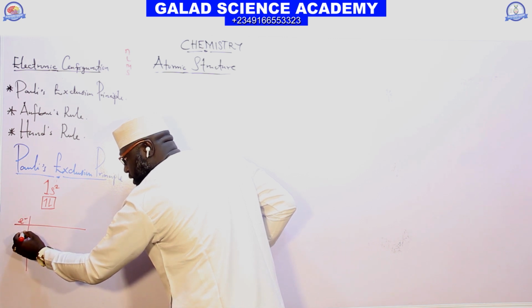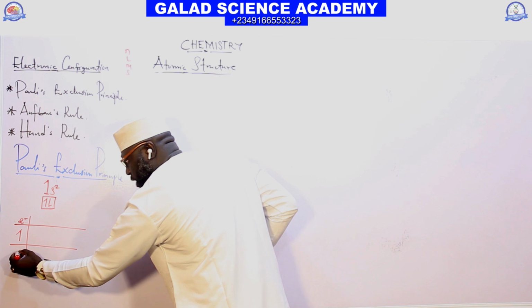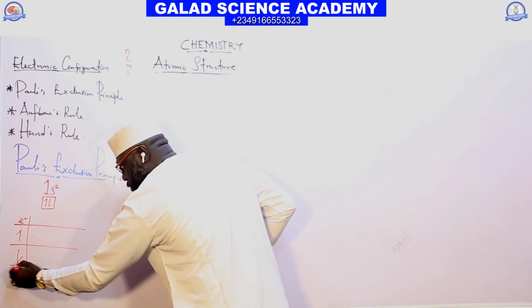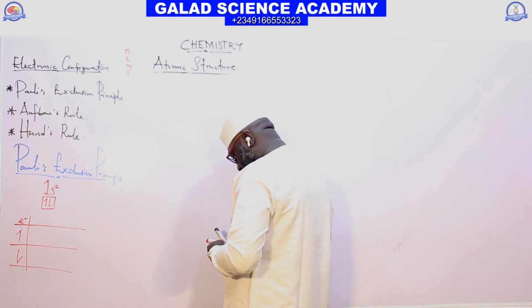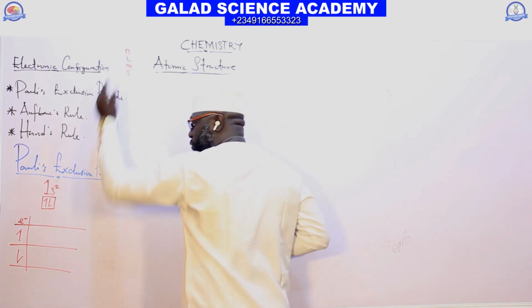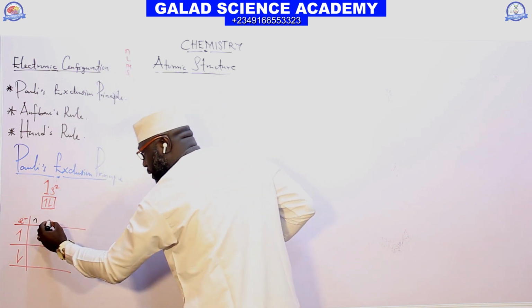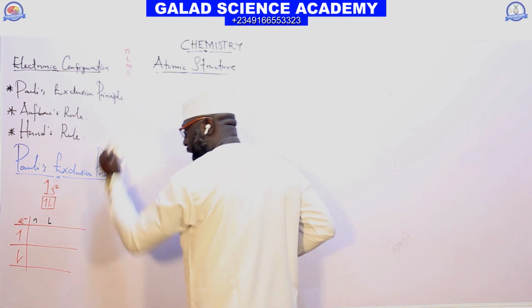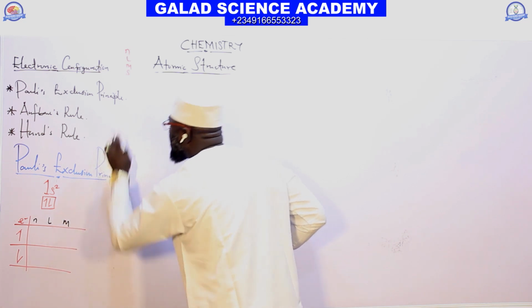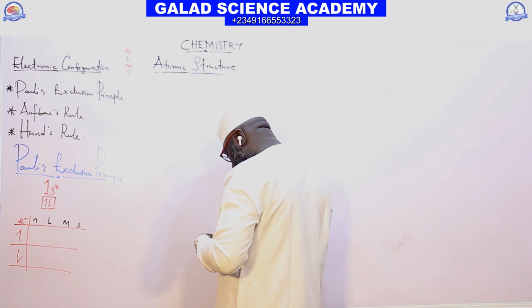This electron, the first one spin up, the second one spin down. Good. What are the values we are going to check? N for principal, L for azimuthal, M for magnetic, S for spin. Now let us check their values.